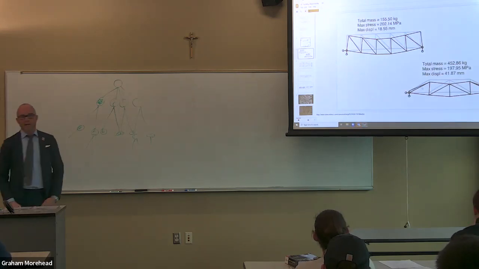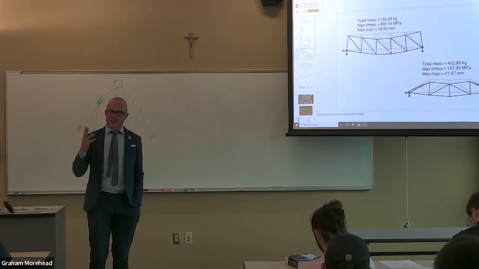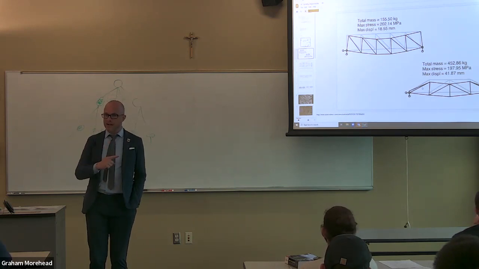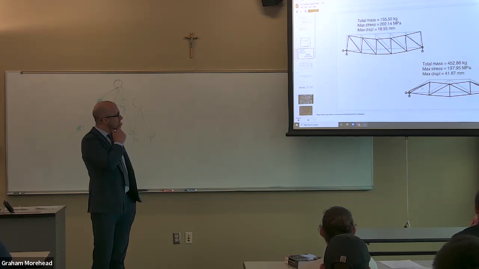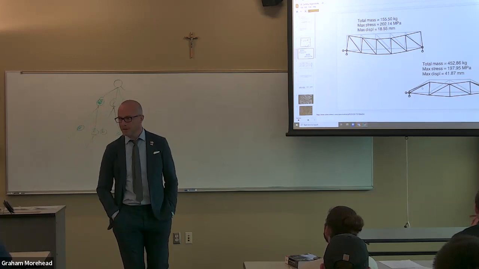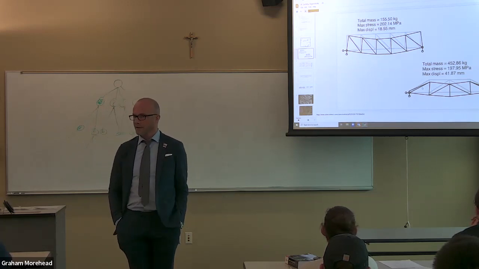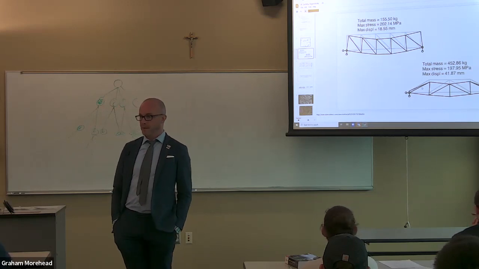Okay, let's pretend we wanted to use a genetic algorithm to design a bridge or a truss. How might we go about doing that? This is something that was done. There's papers on it.